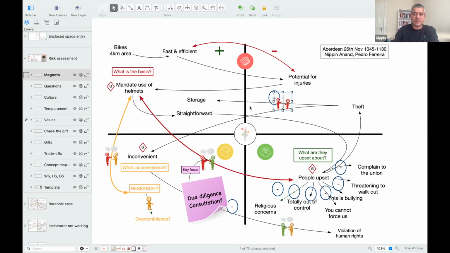They're telling you about theft and you're trying to propose the solution as a storage facility for helmets. But the problem lies somewhere else. So for those of you who have been on this journey, you will very quickly realize that a lot of issues are actually in the headspace and the group space. And these icons are a very quick reminder to anyone looking into this conversation, where the problem and where the solution to the problem lies.